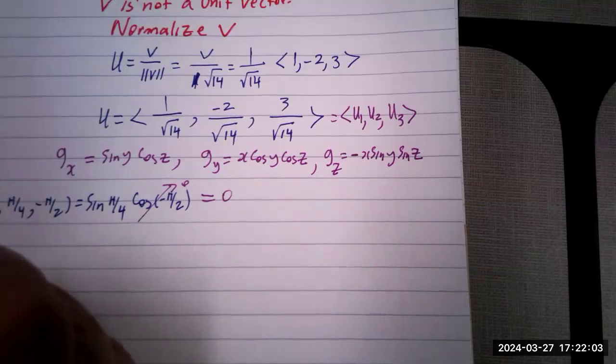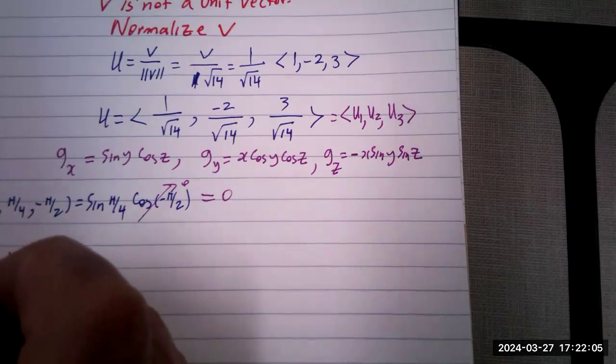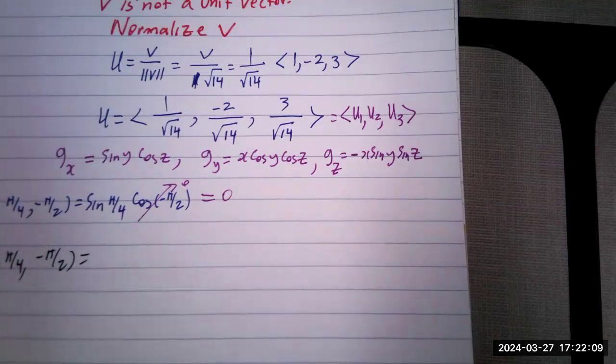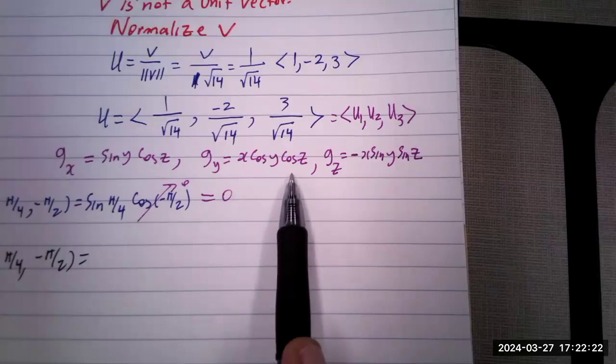Then you find g sub y at (3, π/4, -π/2). Then we go to that part to substitute. So that's g_y.